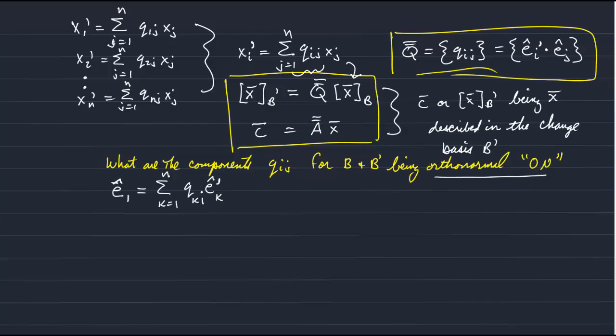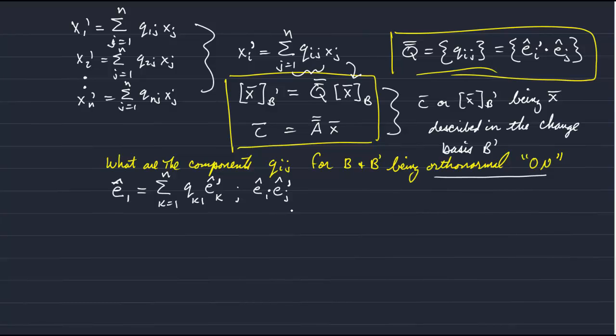And what we have to do is isolate each of these individual Q's to see how they relate to these base vectors. So let's have a look at what happens if we take the dot product of E1 with, say, the jth primed basis vector.